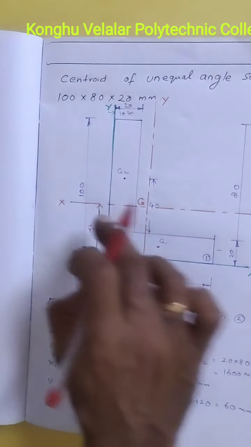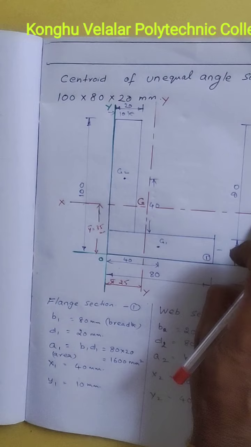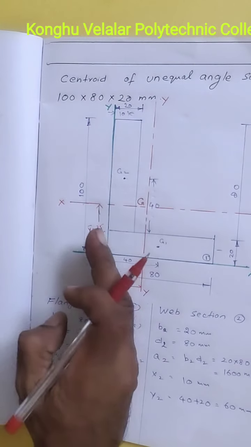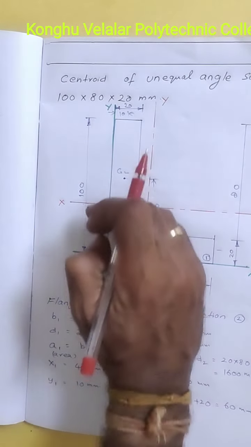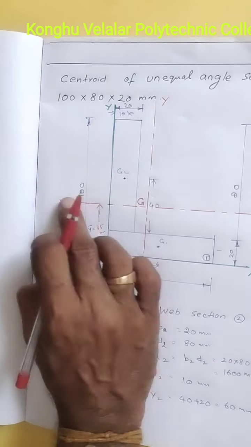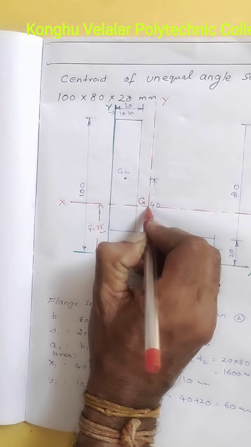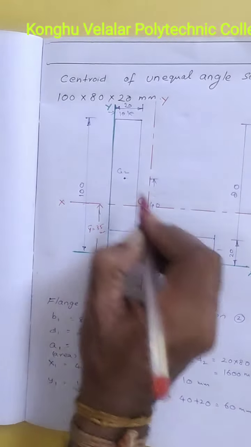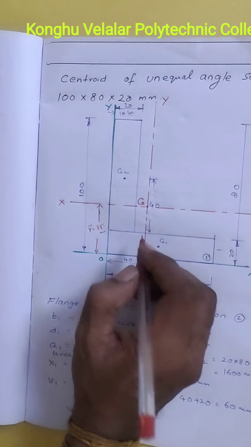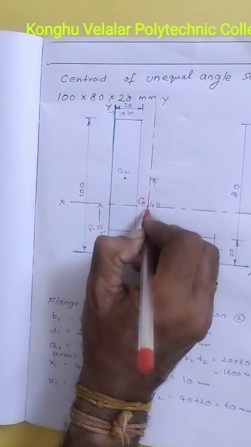So you can draw this xx and yy at 25 mm from the reference axis and 35 mm from this reference OX axis. So this is the center point, that is the centroid of this L angle section, unequal angle section. So G is the centroid.